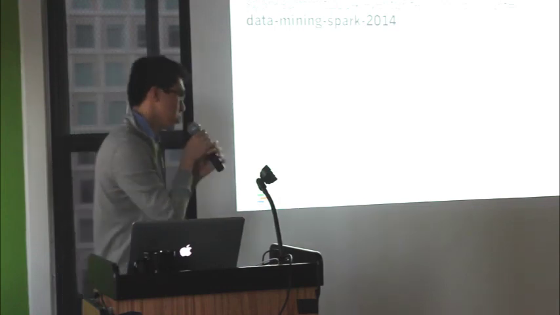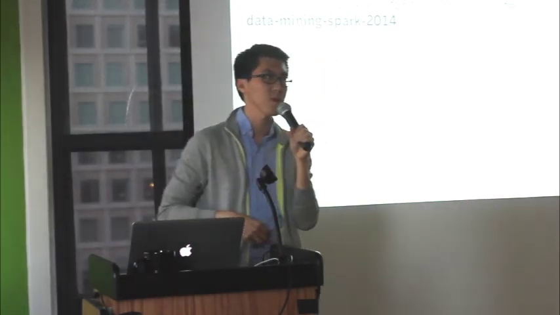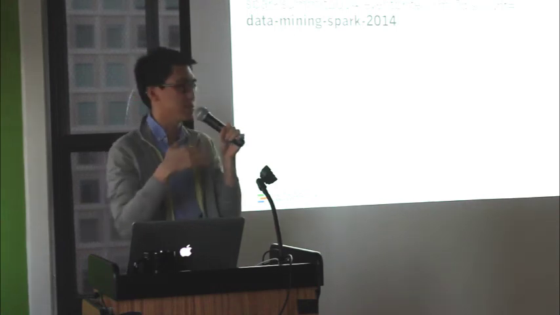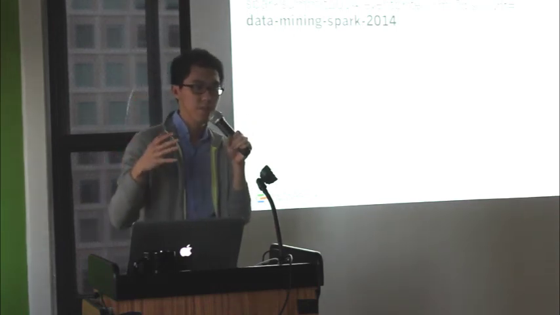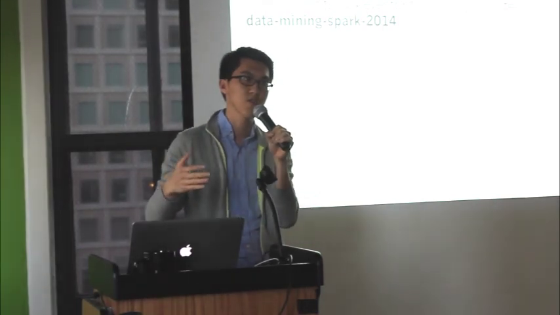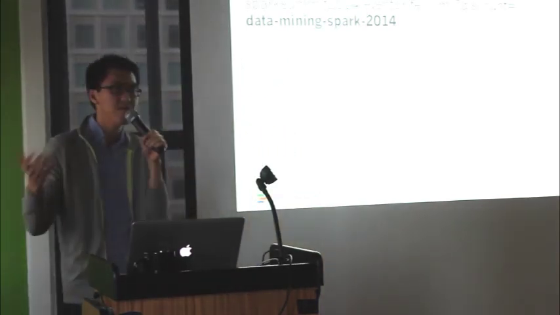So the question is about what's the best file system to write out for persistent storage. A lot of people use HDFS because there's native support for it. But Spark is designed to be file system agnostic. For example, you could write to the MapR file system. I know people writing to Ceph.